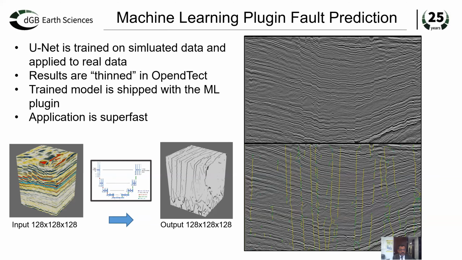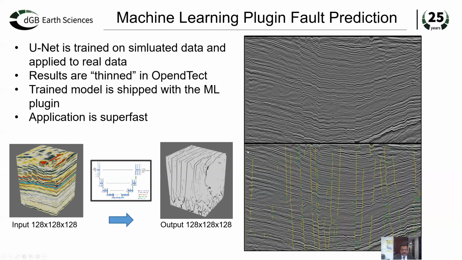It's simulated based on many small cubes, 128 by 128 cubes, where the result is known because it is generated from a synthetic cube with faults inside. So that means our machine learning learns how the image would look when the faults are inside. Synthetic images and then some real data are part of the training.